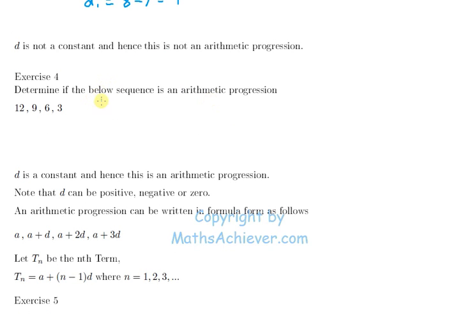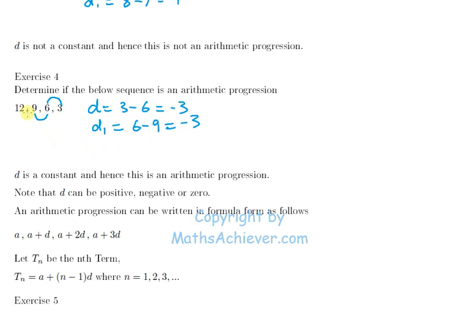A similar exercise. Determine if the below sequence is an arithmetic progression. We have 12, 9, 6 and 3. Let's say we find a difference between these two numbers. So we are going to get D equals 3 minus 6, which gives us minus 3. And D1 equals 6 minus 9 equals minus 3.